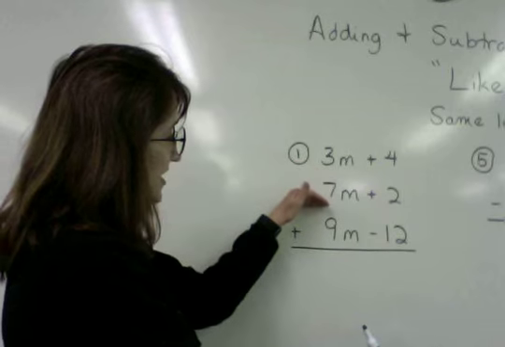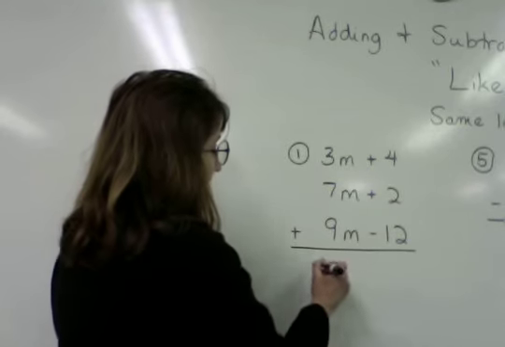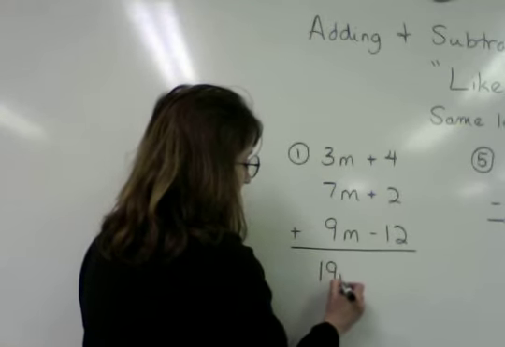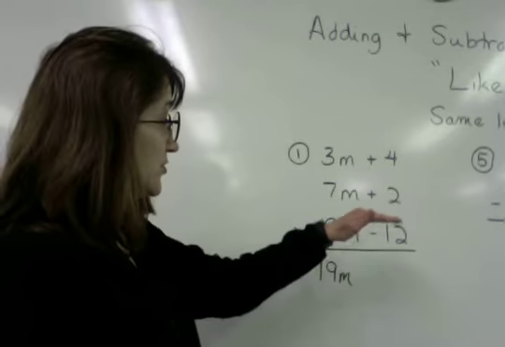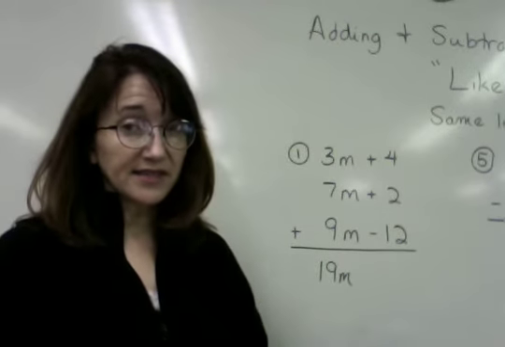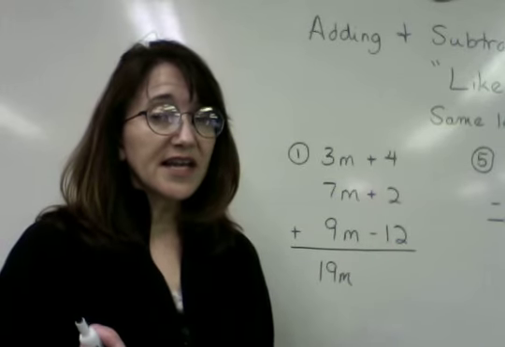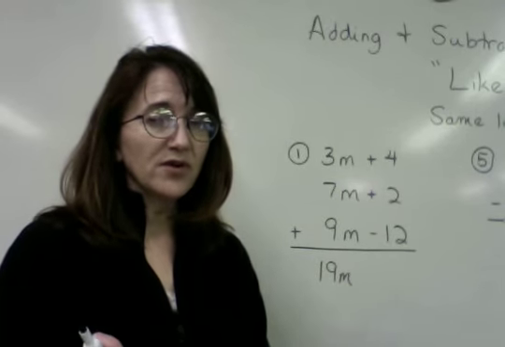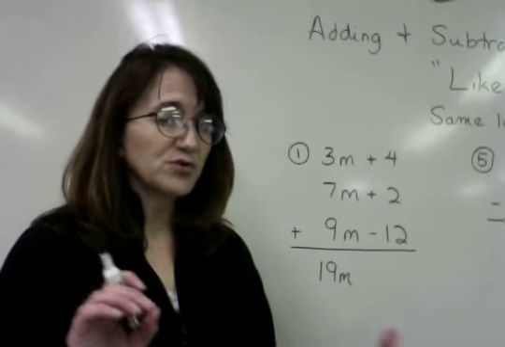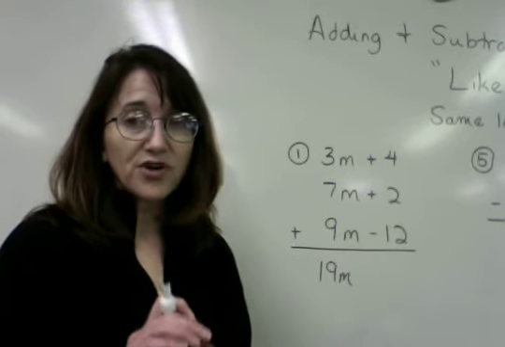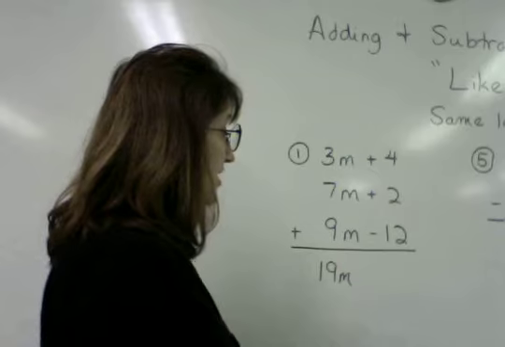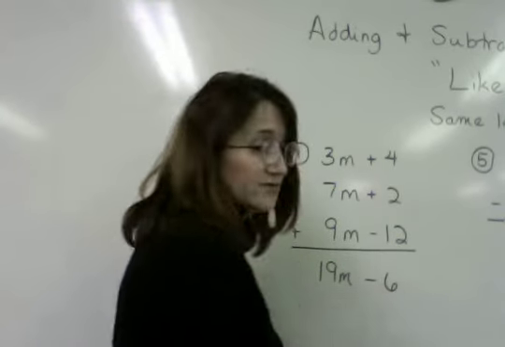So 3 plus 7 is 10, plus the 9 makes that a 19m. Now let's go through here. 4 plus 2, that's going to be 6. Then I'm adding a negative 12. So my signs aren't the same. I have a 6 and a negative 12. Signs aren't the same, so I'm going to subtract, keep the sign of the larger absolute value number, which would be 12, and that would be a negative 6.